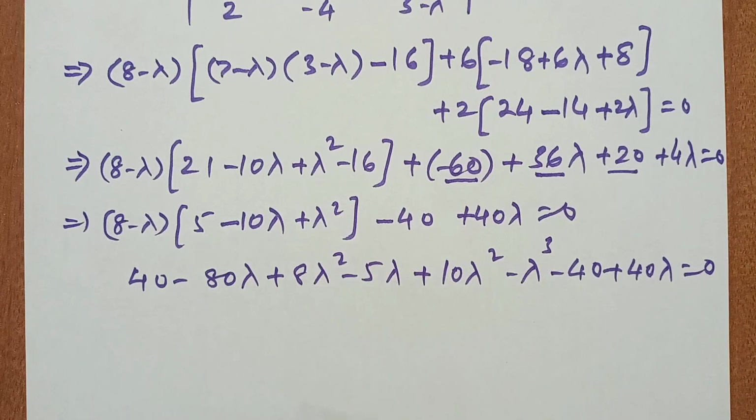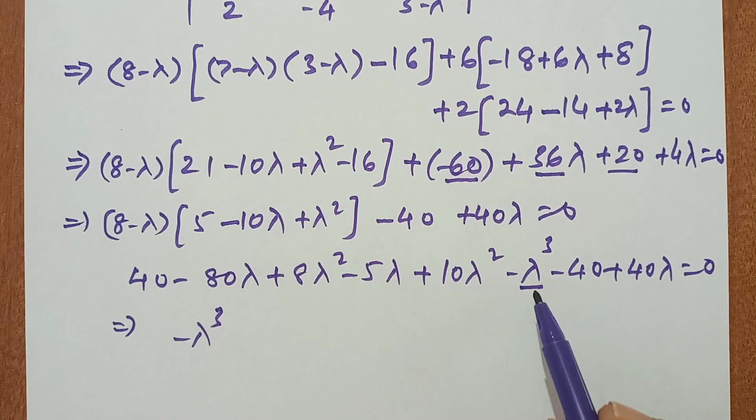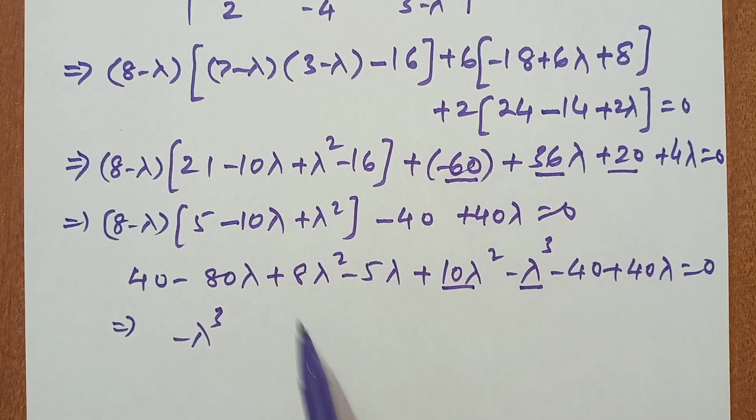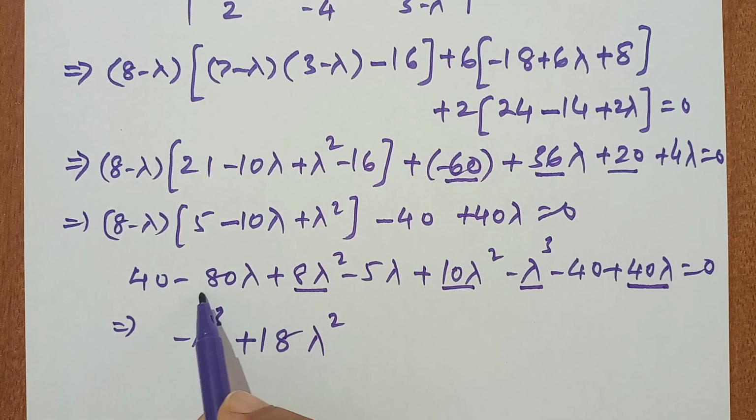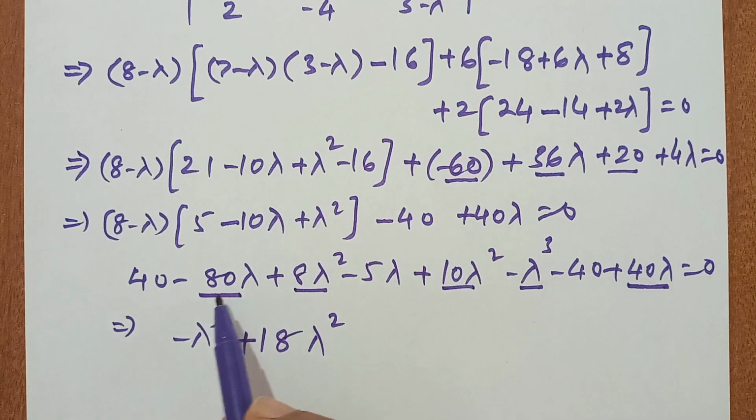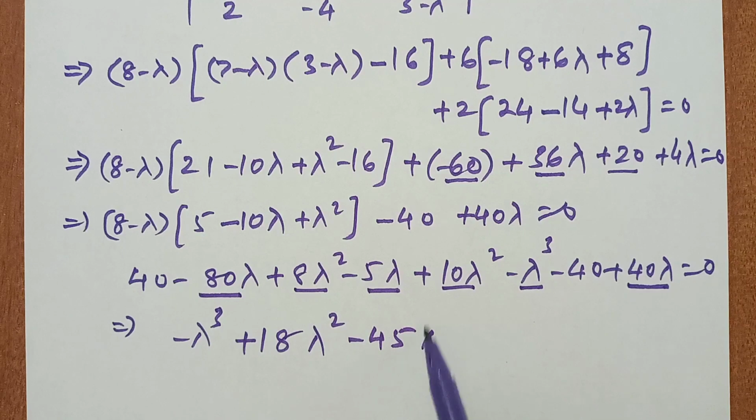Now we arrange in terms of lambda: minus lambda cube, plus 10 lambda square plus 8 lambda square, which is 18 lambda square. For the lambda terms, 40 lambda minus 80 lambda minus 5 lambda, so minus 45 lambda.